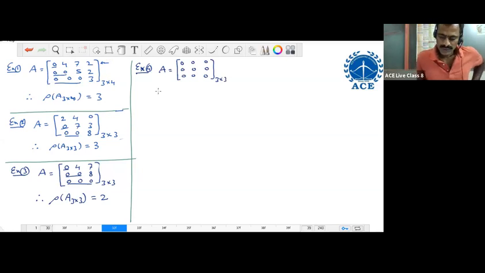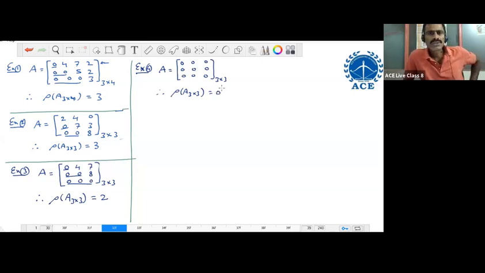What is the rank of this? According to echelon form, the rank of the matrix is equal to the number of non-zero rows. But in this matrix, there is no non-zero row. All the rows are 0 rows. So the number of non-zero rows is 0. That is, the rank of the matrix is 0.